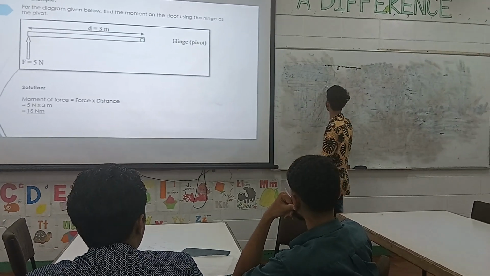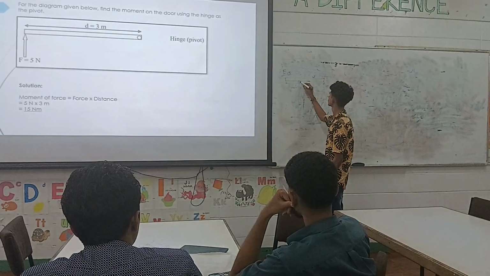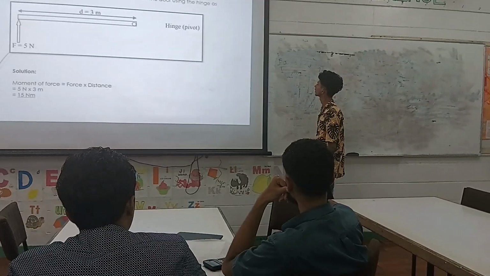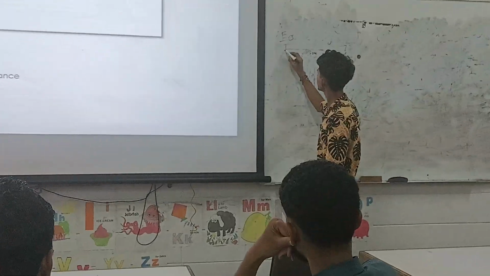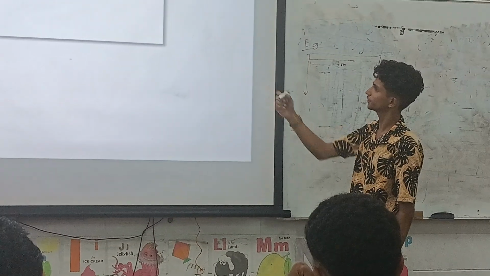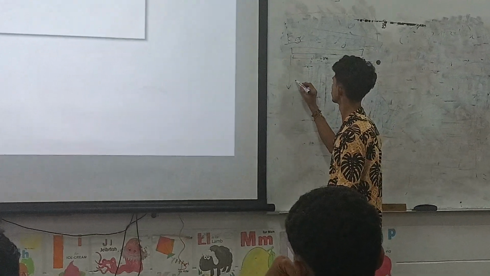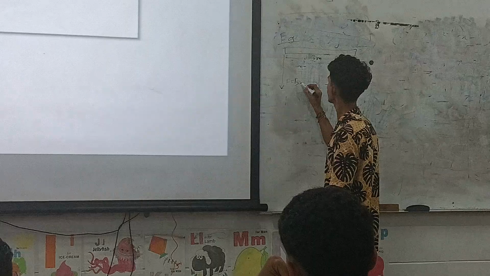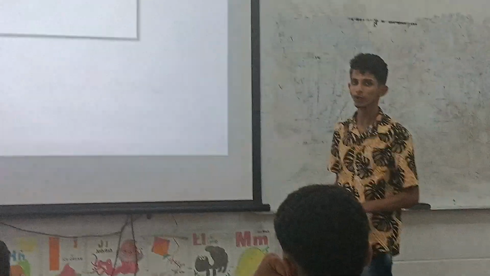So this is the distance, 3 meters. And a force is applied at this end of the door. So the force here is 5 newtons.